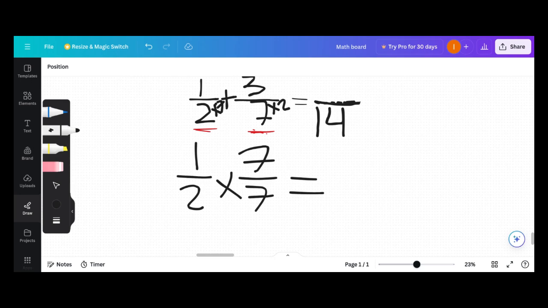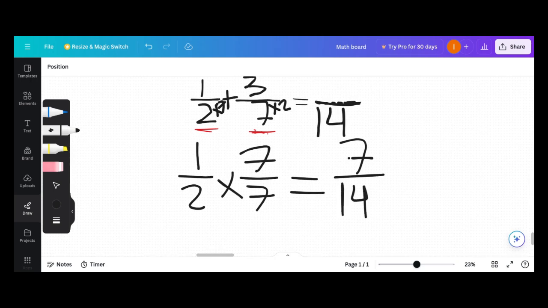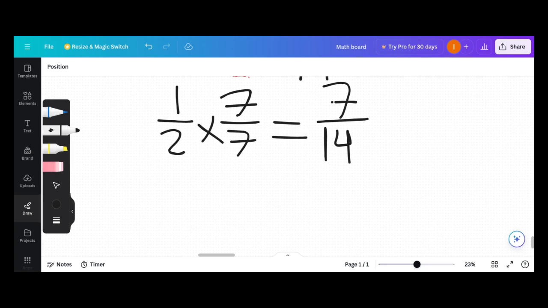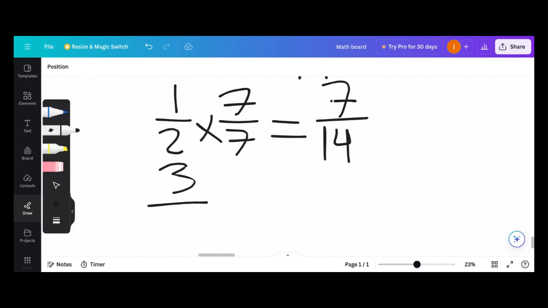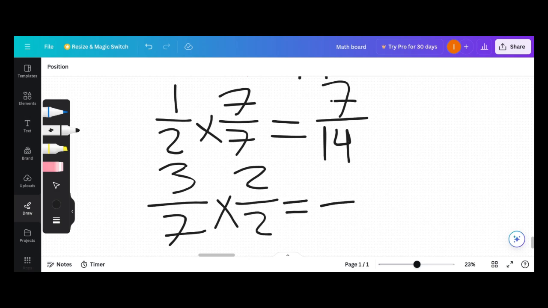Okay, so 1 times 7 equals 7, and 2 times 7 equals 14. Now, 3/7 times 2/2 equals something with the 14 on the bottom. 3 times 2 is 6.